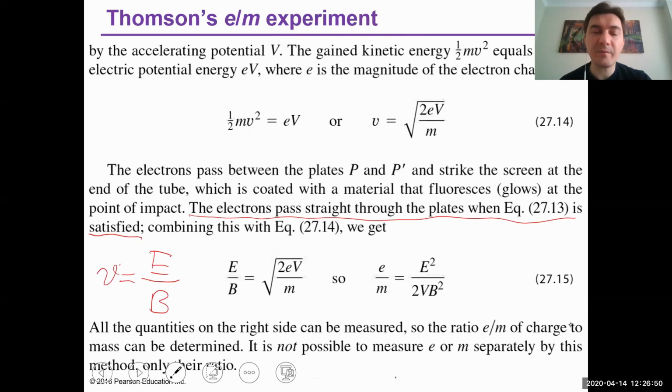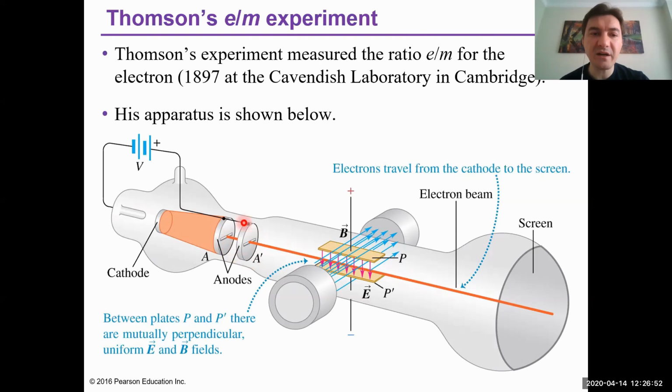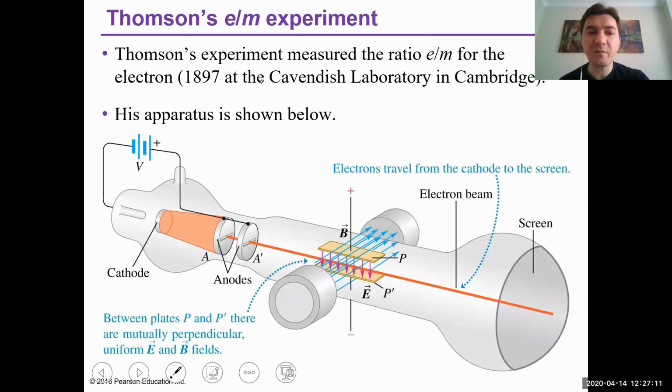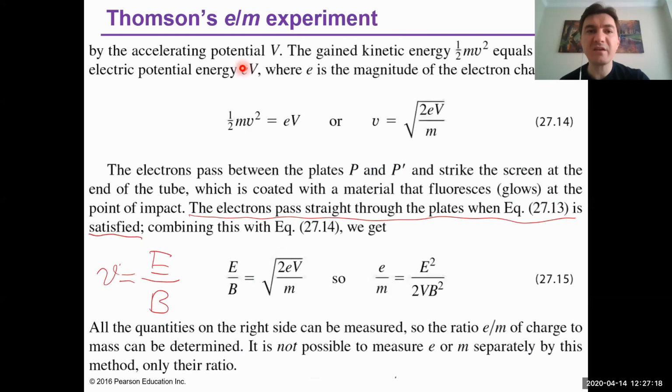So here we have accelerated electrons by applying some voltage, right? And then the electron will have some certain velocity due to the acceleration between cathode and anode, right? So the electric potential energy provided by the battery, or voltage source, or EMF source here, is given by eV.